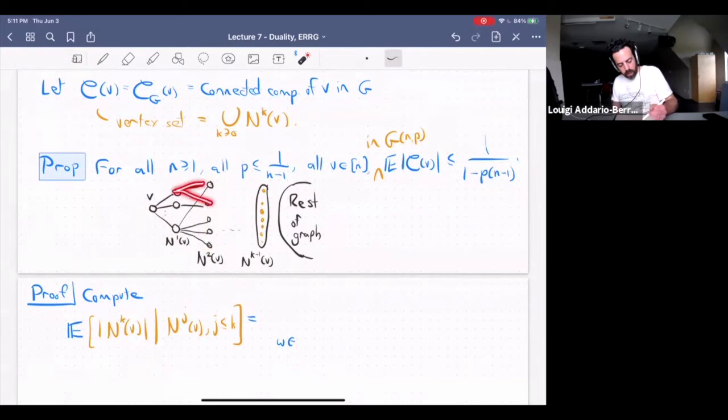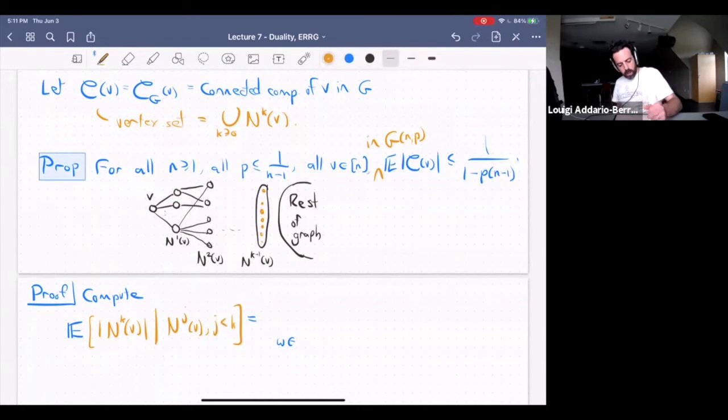This vertex would count 2, this one would count 1, this one would count 4, but this vertex has been counted twice by both of these vertices, and so has this one. So if I sum up the number of neighbors of each vertex in the rest of the graph, I get an overestimate of the total size of the kth neighborhood, so this is an inequality.